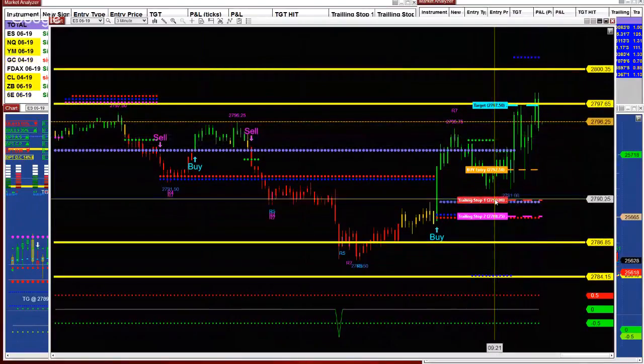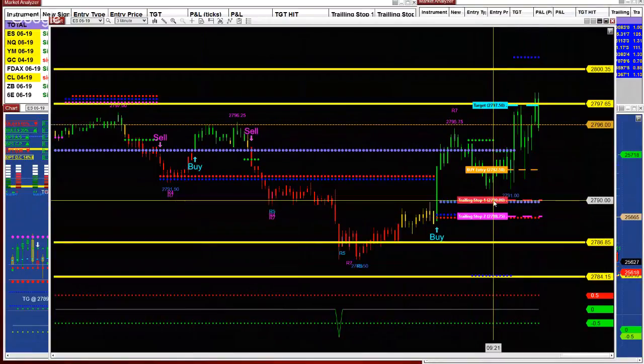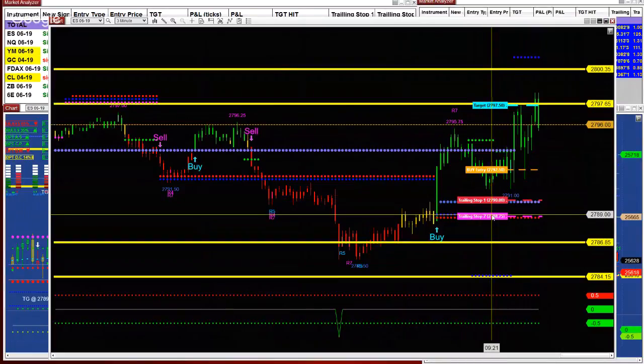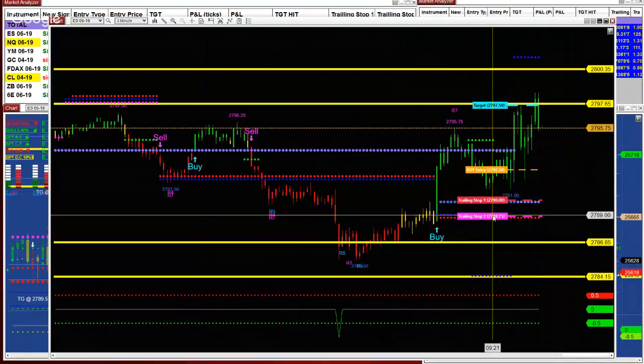So the key at the moment on the ES, before we even consider taking a short, is 27.90, and this is a minor support area, but it is at this area right now. It is a major support area, followed by another major support area at 27.98.